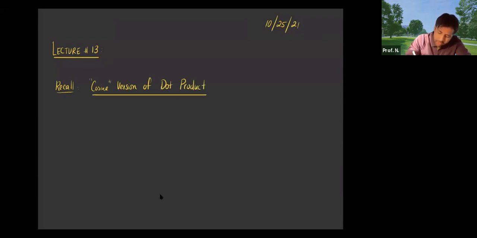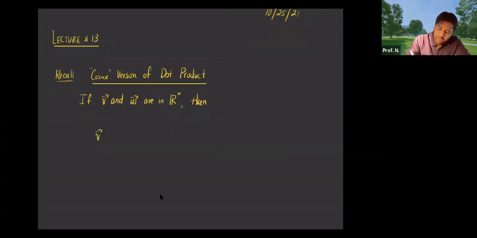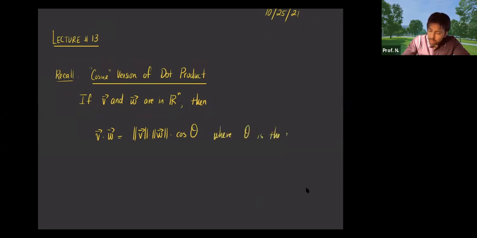So if V and W are vectors in Rn, then V dot W is equal to the norm of V multiplied by the norm of W multiplied by cosine of the angle theta, where theta is the angle between the two vectors.